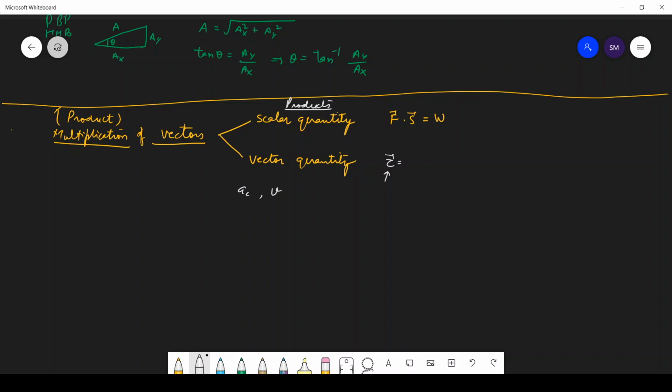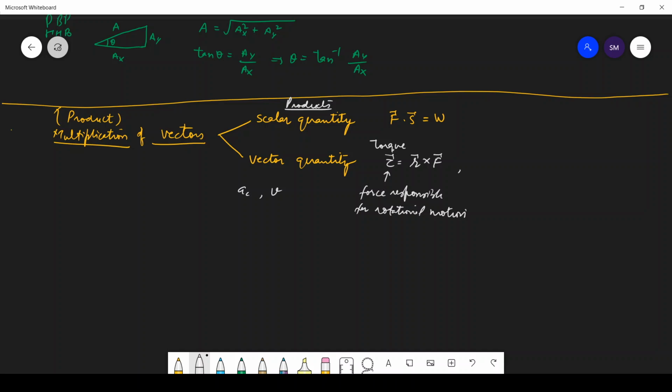So the force responsible for rotational motion is torque. This is the symbol tau of the torque, and that is equal to R cross F. A very prominent formula, and the resultant also is a vector quantity.